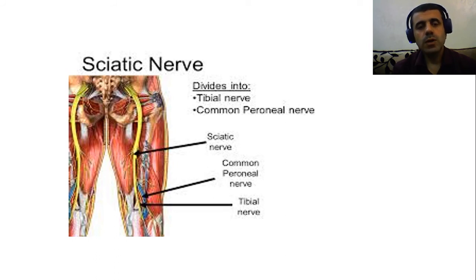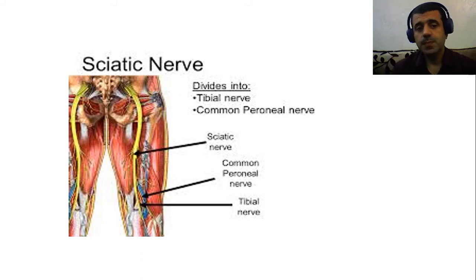So, as we said, it divides into the tibial nerve and the common peroneal nerve, as shown in this figure.